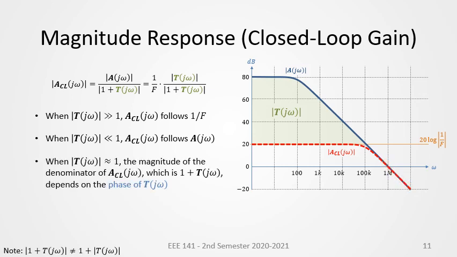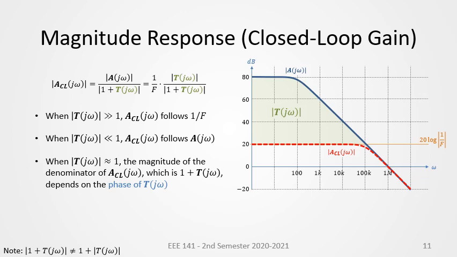Now, when the magnitude of T of j omega is around 1, this is the part where the blue line is around the orange line, or the open loop gain is around 1 over f.